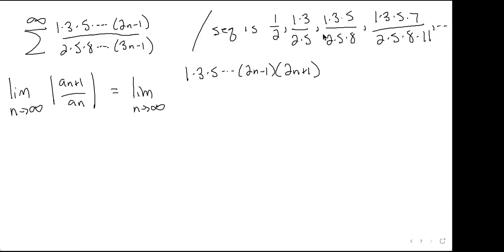Another way of writing that out is if you stick n plus 1 in for this n here, so this 2n plus 1 is 2 times n plus 1 minus 1. And if you multiply the 2 out and combine the numbers, you get 2n plus 1. So that's where this comes from.